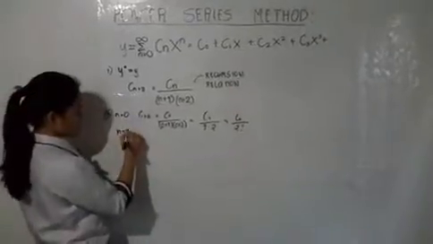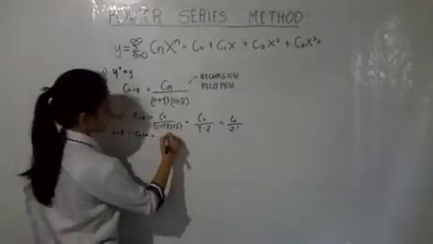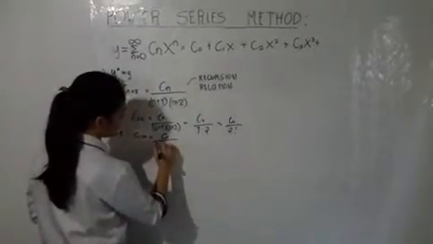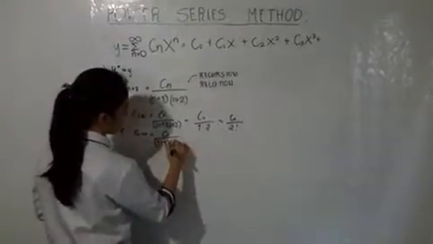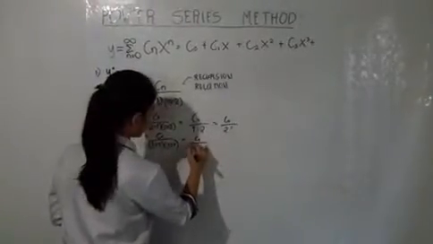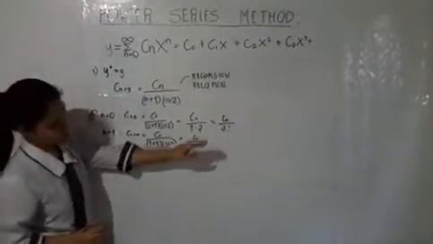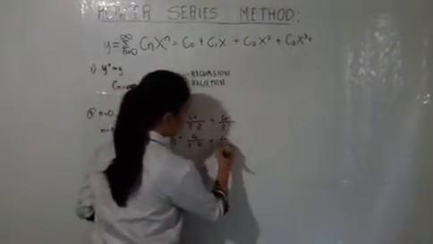Next, n is equal to 1. c_(1 plus 2) is equal to c1 over (1 plus 1)(1 plus 2), c1 over 3 times 2. We notice that it can also be equal to c1 over 3 factorial.